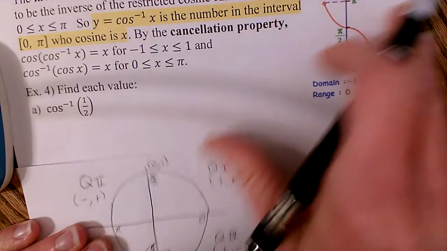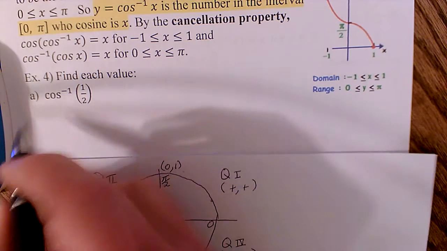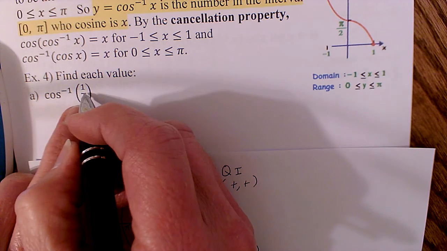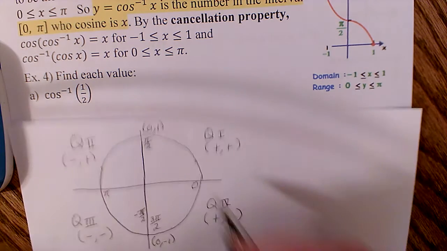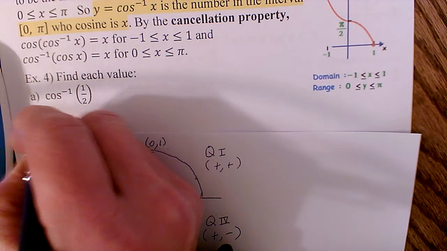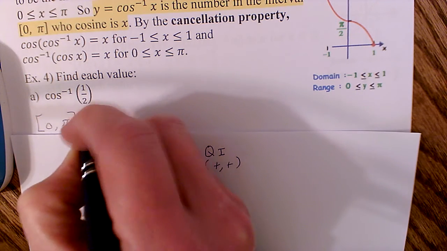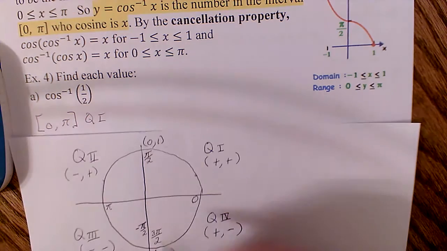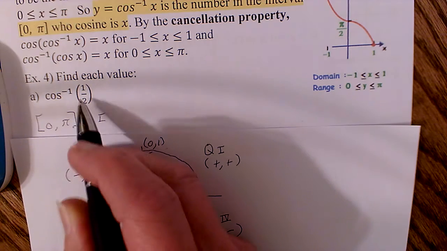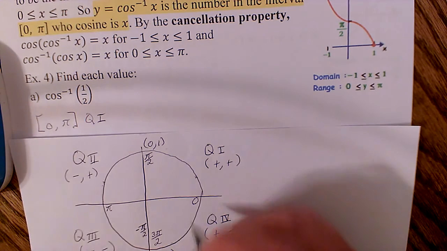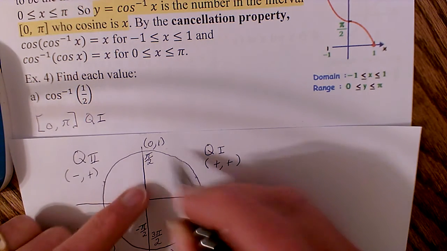So on this first problem, we want to know what is the angle whose cosine was 1/2. Since we're looking at a positive value between 0 and pi, we're going to be coming from quadrant 1 on this one. So it's actually going to be between 0 and pi over 2 since it's a positive value. And so what angle gave us a cosine of 1/2?